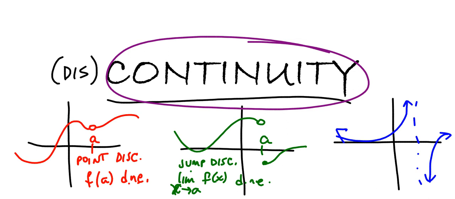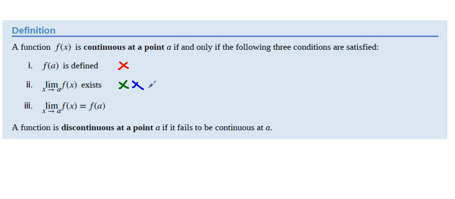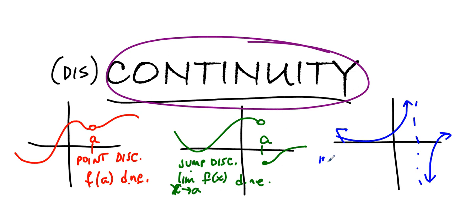That's the same case here. It is also this scenario. This is sometimes referred to as an infinite discontinuity, a case where the limit as x approaches a from either the right or the left is one of the infinities, either positive infinity or negative infinity.